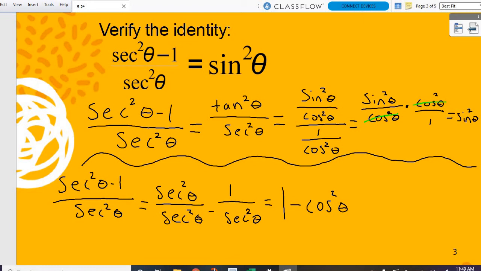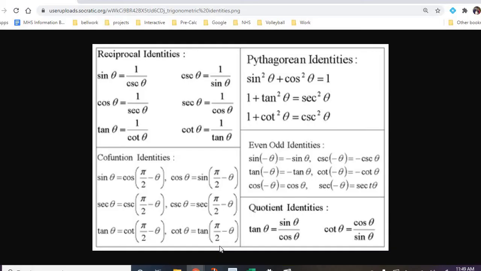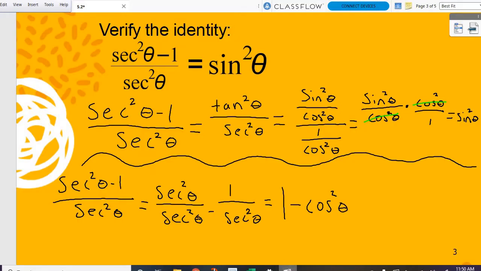This isn't one of my Pythagorean identities, but it looks very similar to one. On my first identity, if I subtract cosine squared, I would get sine squared equals 1 minus cosine squared. So I know that 1 minus cosine squared equals just sine squared theta.